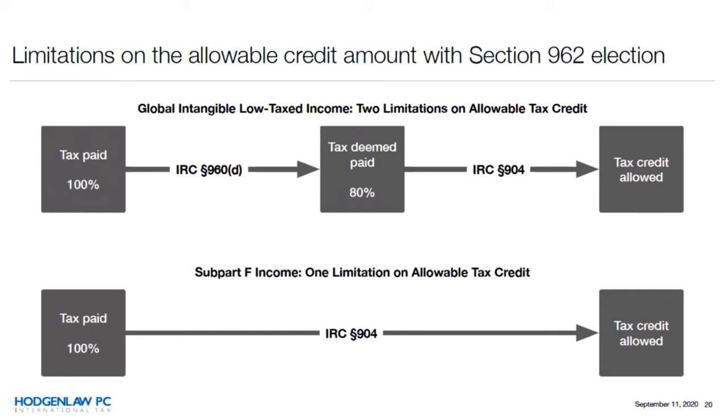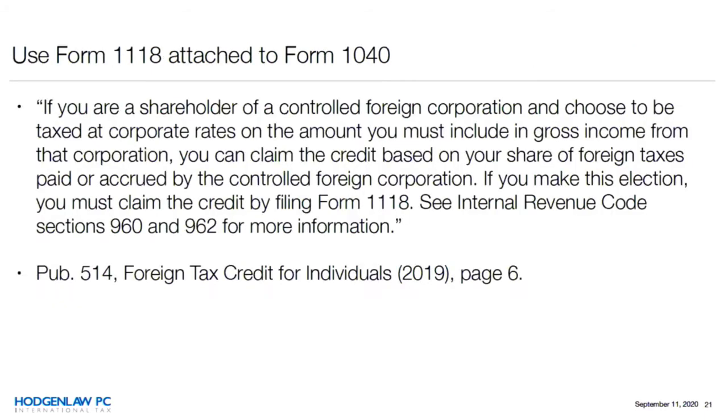Subpart F income, you don't have that special thing built into Section 960(d). The only limitation you have is the maximum credit allowed is the tax liability computed for US tax purposes. And the sequence is important, obviously, for global intangible low taxed income.